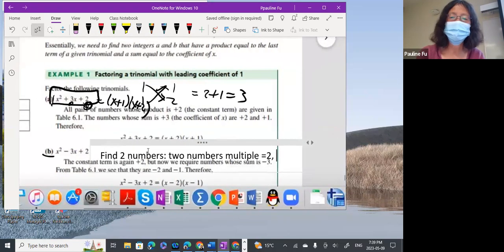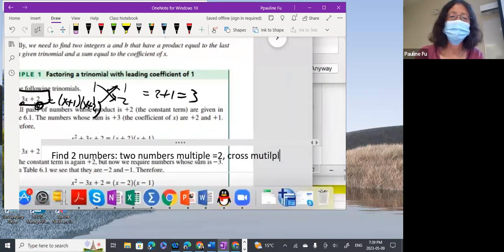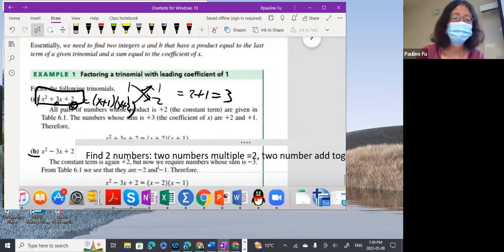At the same time, if you cross multiply, the 2 numbers add together to equal -3.